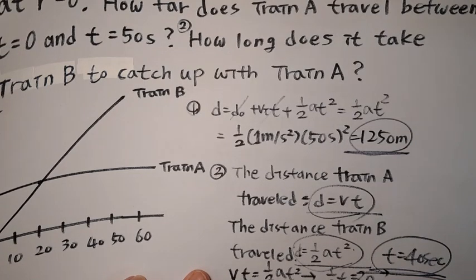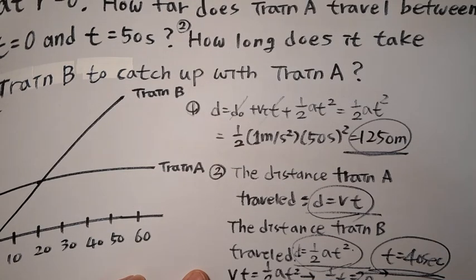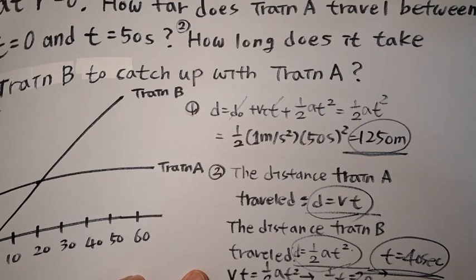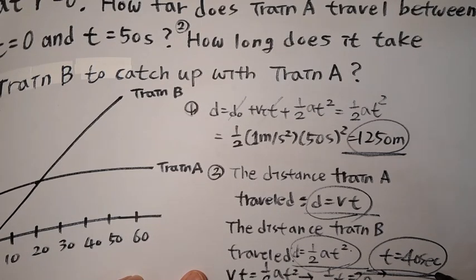So the distance we find in the first question is going to be 1,250 meter, and the time we are finding is going to be 40 seconds.